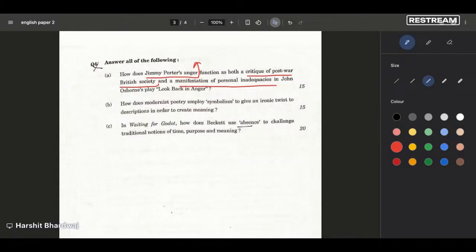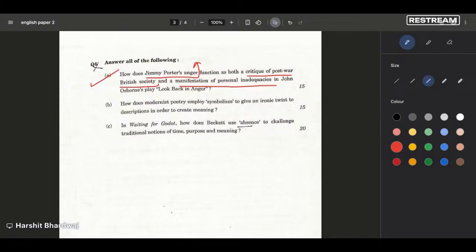So in a way, if you understand the thematic idea of this play, Look Back in Anger actually showcases how the personal inadequacies of characters like Jimmy Porter are manifested in the society, creating a post-war society where everyone felt annoyed, irritated, disappointed, discouraged, and kind of in a vacuum, right? So it's good. If you've done this play, this is a pretty straightforward question for you to do.